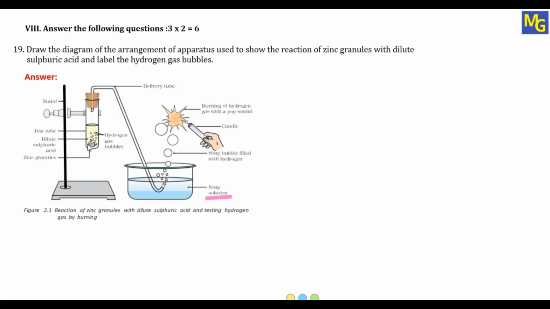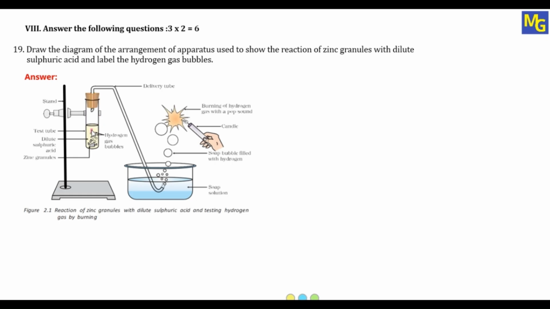So what is done here? In this test tube, we are going to take zinc granules and dilute sulfuric acid. Once you mix zinc granules and dilute sulfuric acid, zinc will react with sulfuric acid and we will get zinc sulfate, and hydrogen gas is liberated.